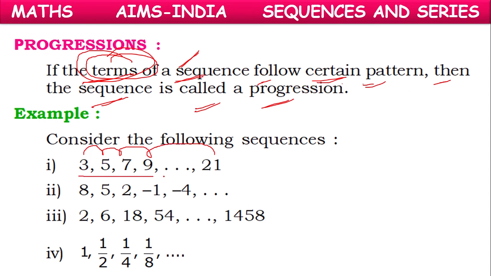We have a sequence with some terms, but all terms are following one pattern. 3 plus 2, 5; 5 plus 2, 7; 7 plus 2, 9, and so on. They are following a particular pattern. The difference between two terms is constant, so they have that pattern, and that sequence is called a progression.